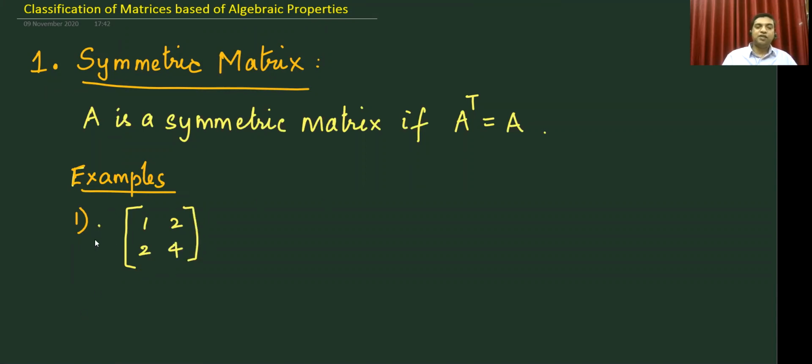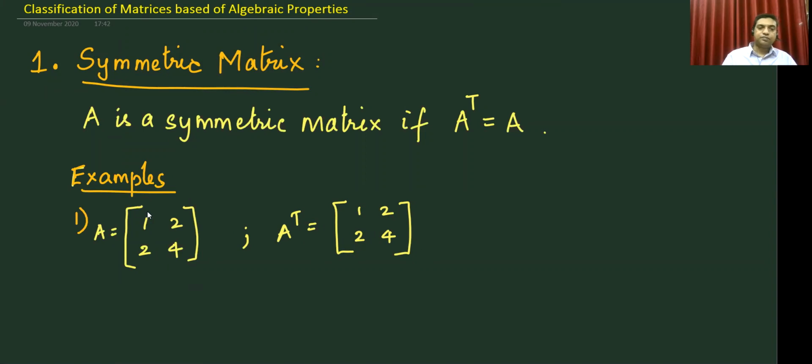This is an example of a symmetric matrix. So A transpose: take the first row and make it into the first column. Take the second row, make it into the second column. You get the same result.